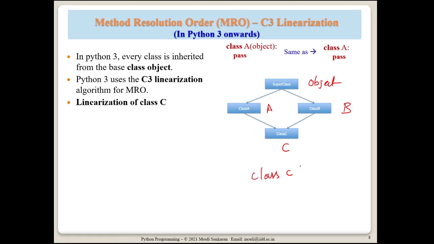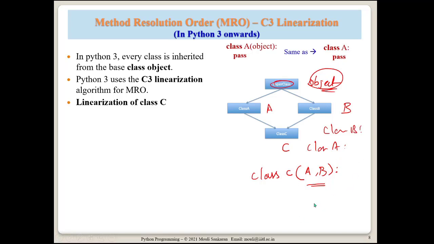Class C is inheriting from A, B, colon, that's all. Of course classes A and B should have been defined here, and both of them are inherited from object, so they are not inheriting from anything else. I am assuming that the superclass is our super god, the object class.